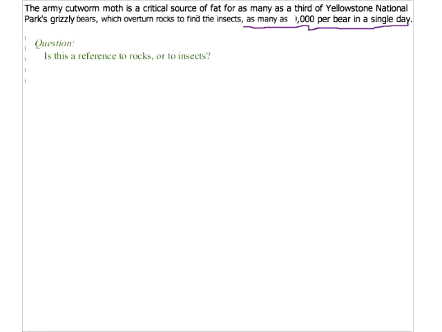I'm looking at all modifiers. As close to that's the point, right? As close as possible to the stuff that you are actually talking about. So the basic principle of modifiers is that modifiers go as close as possible to the stuff that they are describing.